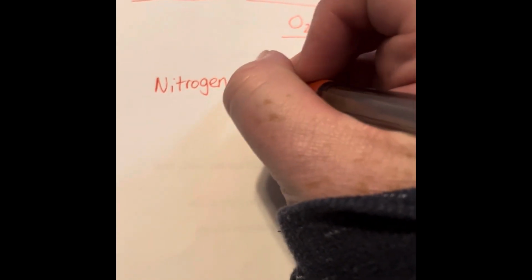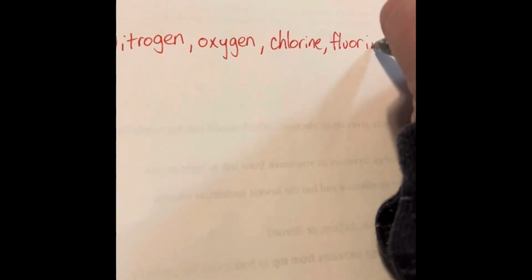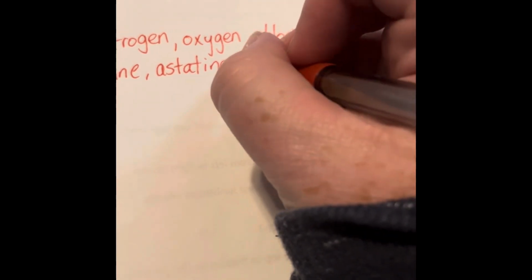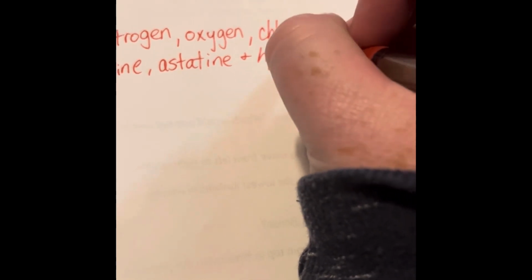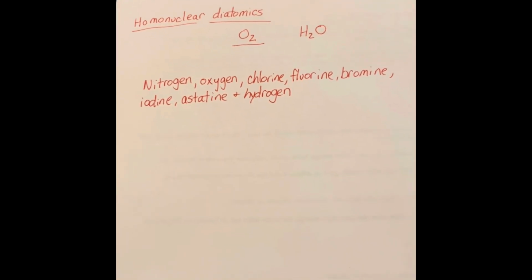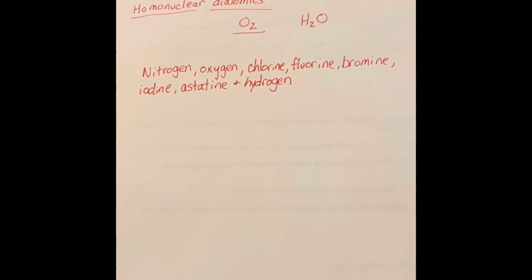Nitrogen, oxygen, chlorine, fluorine, bromine, iodine, astatine, and hydrogen. Okay, so make a note, learn these. These are all elements that are made up of homonuclear diatomic molecules rather than individual atoms.